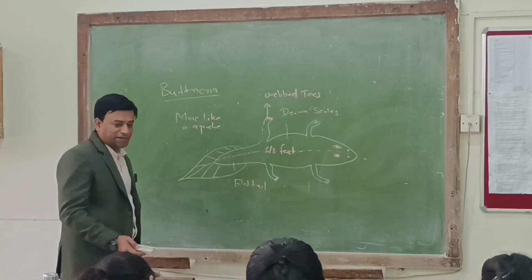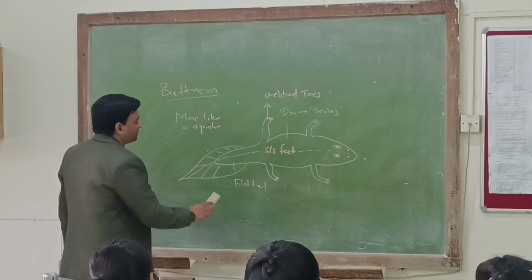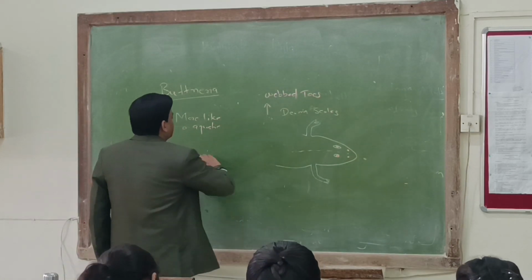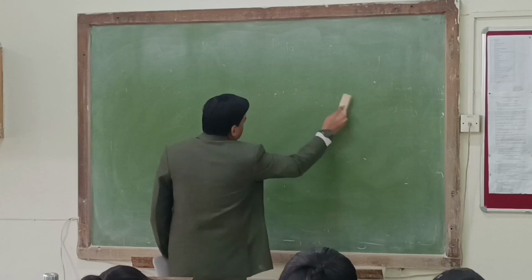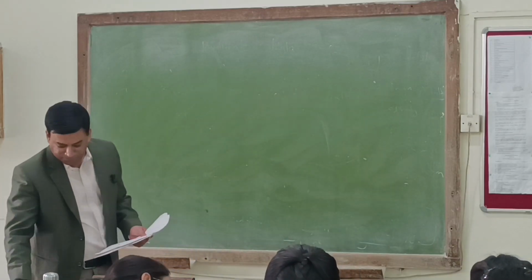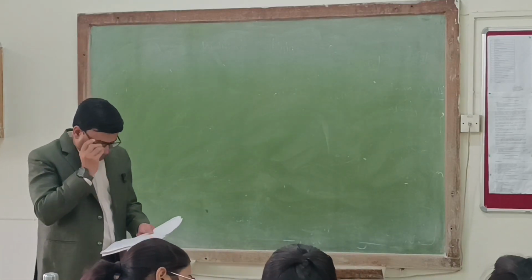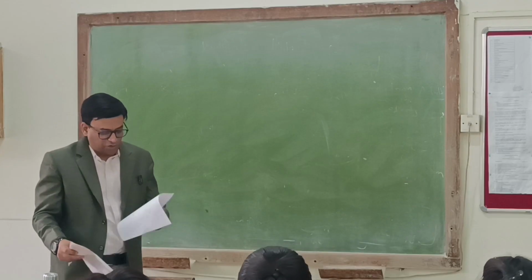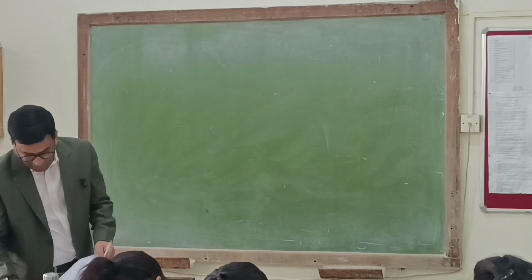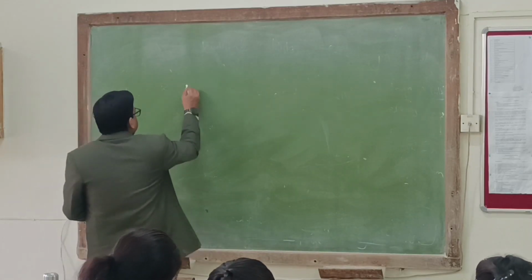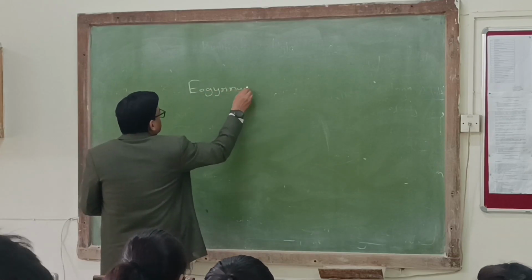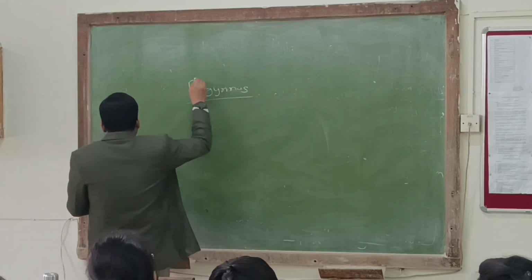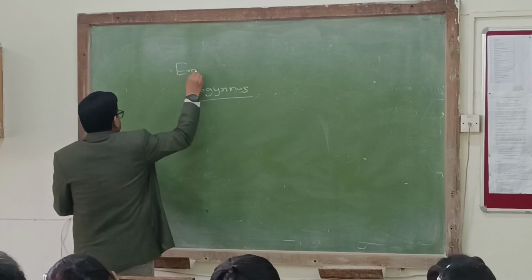Okay. So our next fossil is what? Eogyrnus. Now this Eogyrnus belongs to the Embolomori.